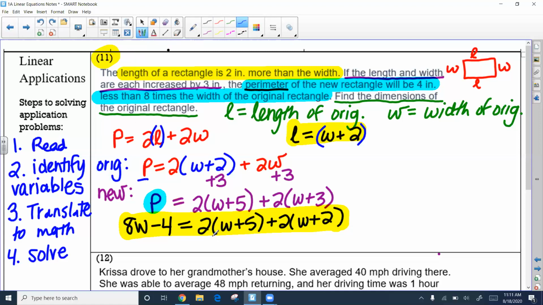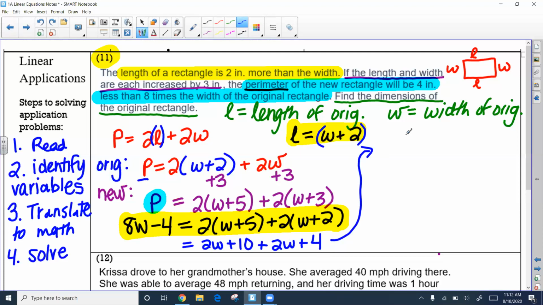If I was solving this equation, I need to simplify the left side here. I would need to distribute the 2. So on this side of the equation, I'd have 2W plus 10 right here. And then here I'd have plus 2W plus 4. And so if I combine those terms, on the right side, I'd have 4W plus 14. Okay, so the left side, I'm going to write my work up here because I ran out of room there.